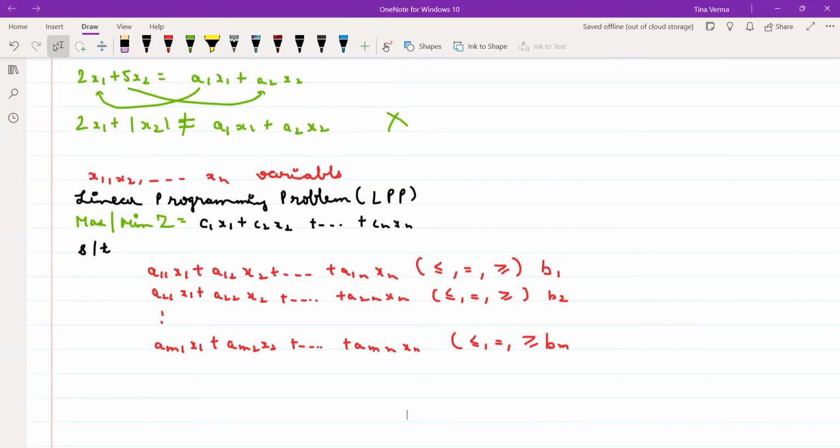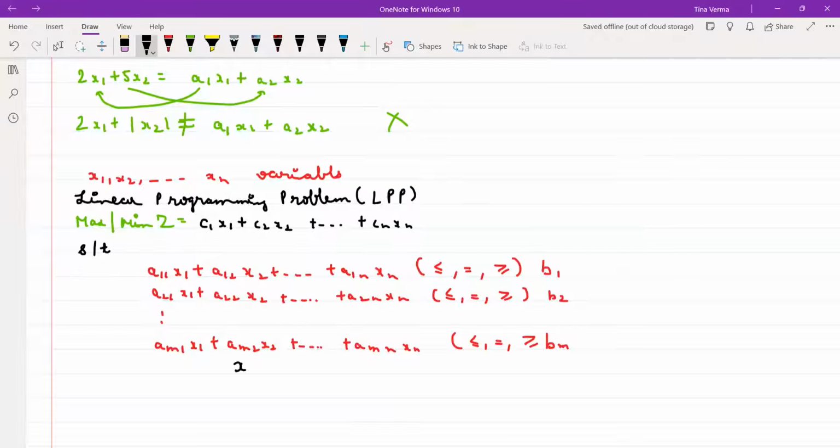If I say you have to plant two types of trees, type A or B, you take x1 as type A trees and x2 as type B trees. When you solve the problem, it may happen that x1 and x2 come out negative. Can the number of trees be negative? No, right?